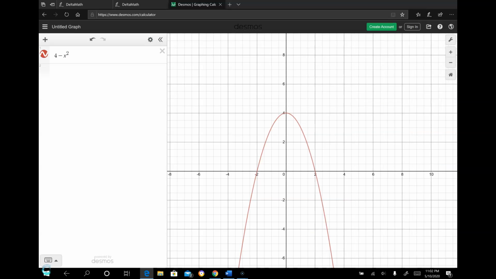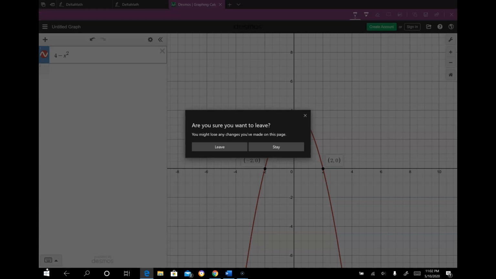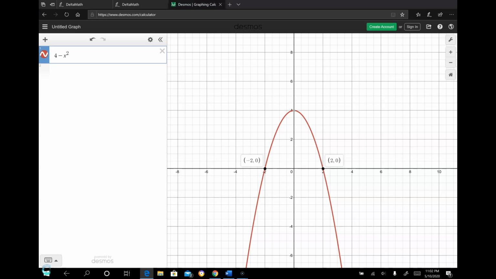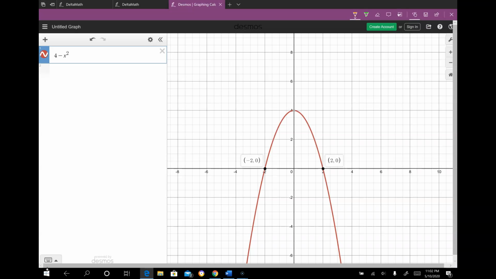Let's see. Never done it with Desmos. Okay. So you see how you have a max here? So remember when your quadratic's facing up, it's a positive x minus r, x plus r.